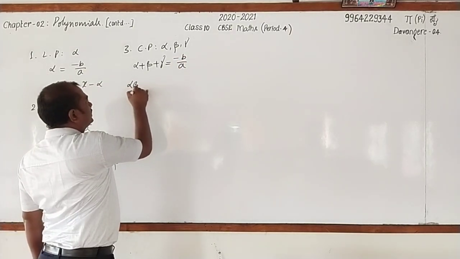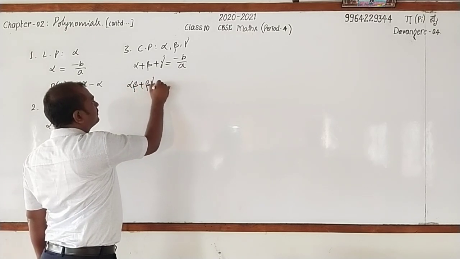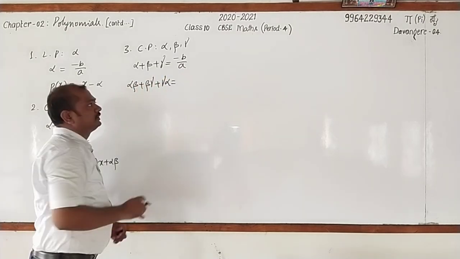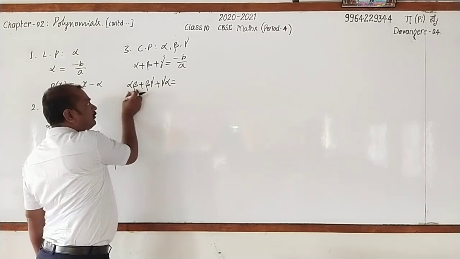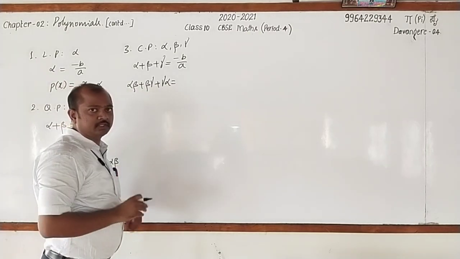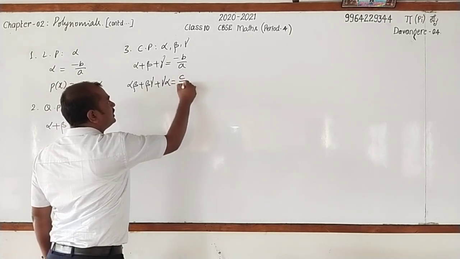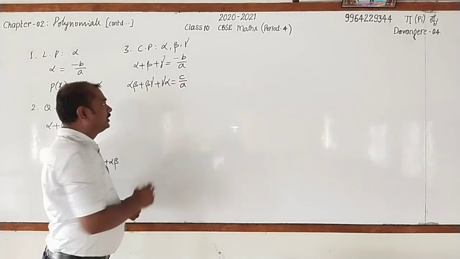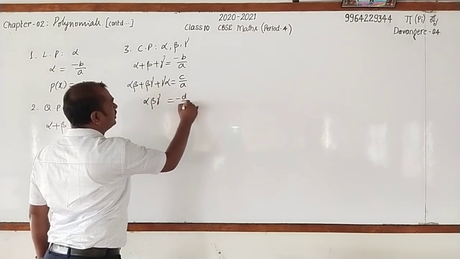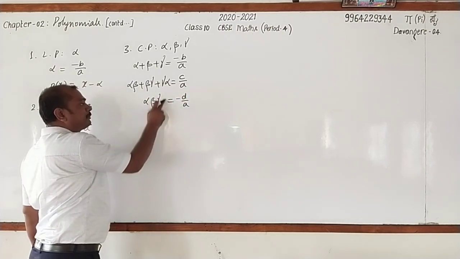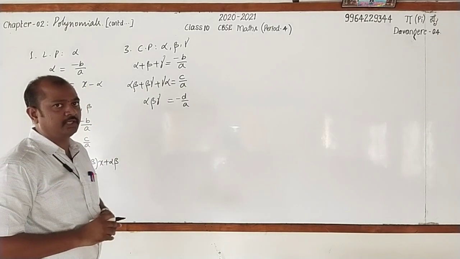Then alpha beta plus beta gamma plus gamma alpha, it is nothing but the sum of the product of two zeros taken together. It is c by a. Then alpha into beta into gamma is equal to minus d by a. This is the product of zeros, right?